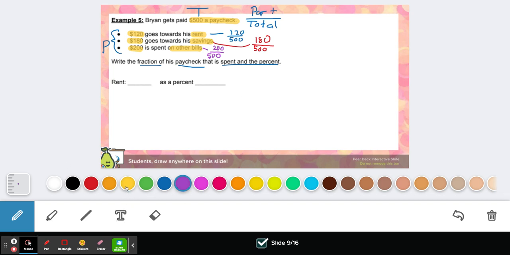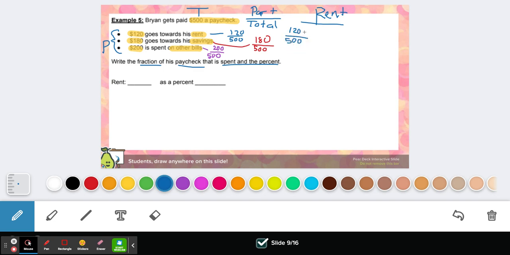So if we're going to simplify, I'm going to first work with the rent. I'm going to write this in blue since I wrote it in blue, and this is the rent. So 120 over my 500.